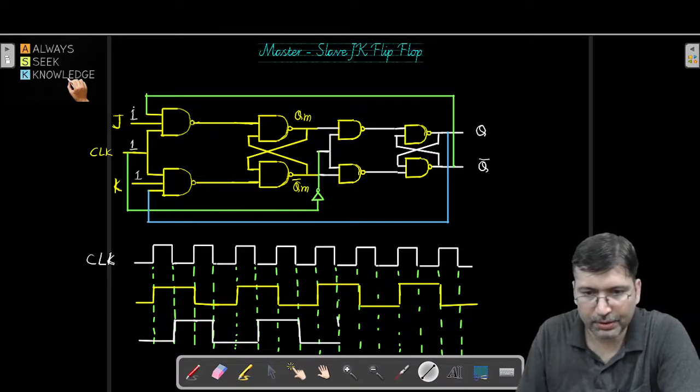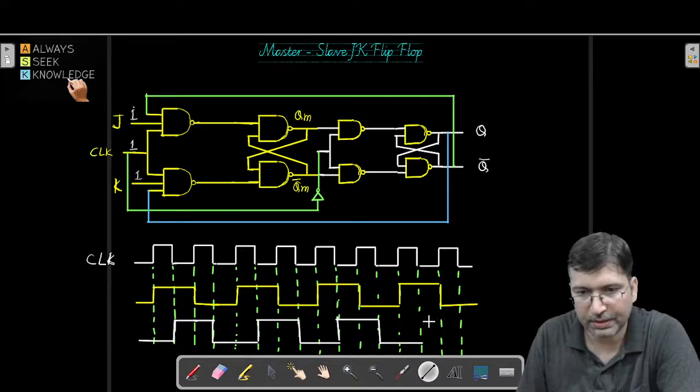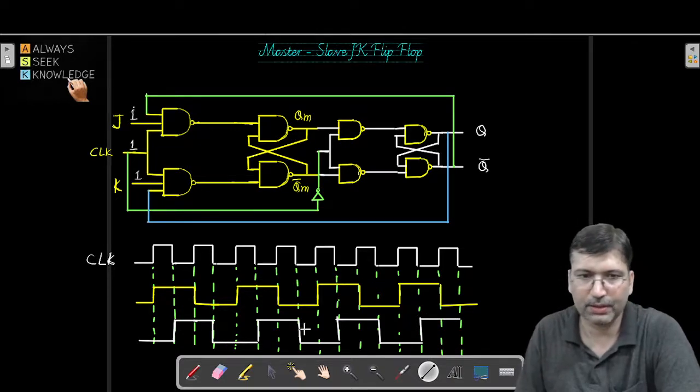So the very important thing here, you notice that in master slave flip-flop, which we are implementing with the help of JK flip-flop, there is no issue of toggling we are observing here.